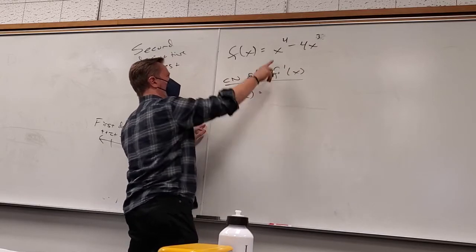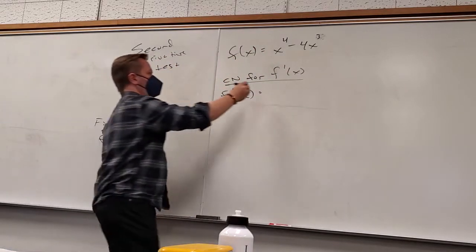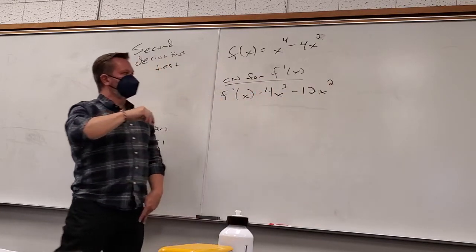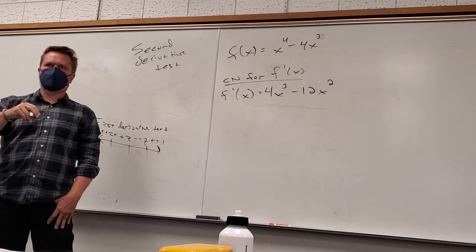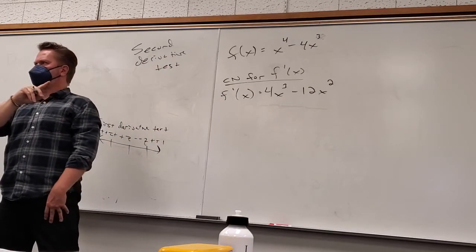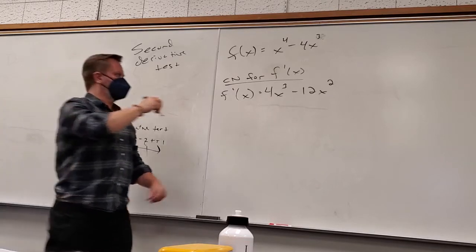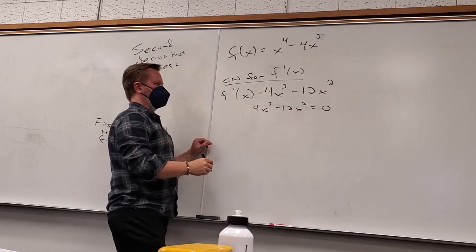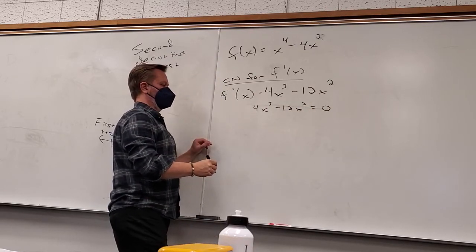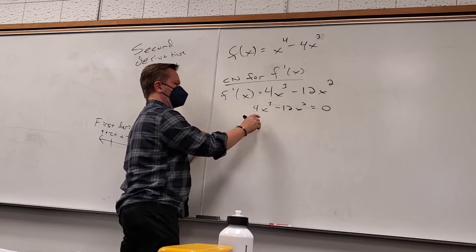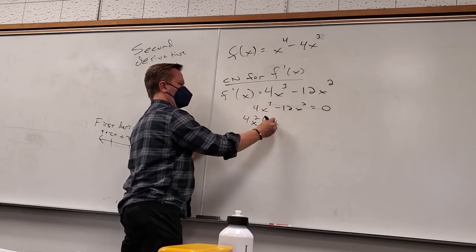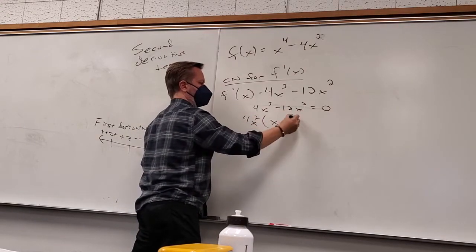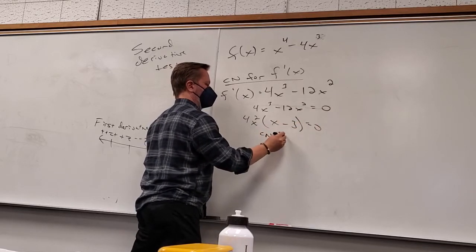So what's f prime? 4x to the third minus 12x to the second. I like it. So what do I do to find the critical numbers? Take out a 4x squared. You get x minus 3, because you took out 2 x's. So my critical numbers are 0 and 3.